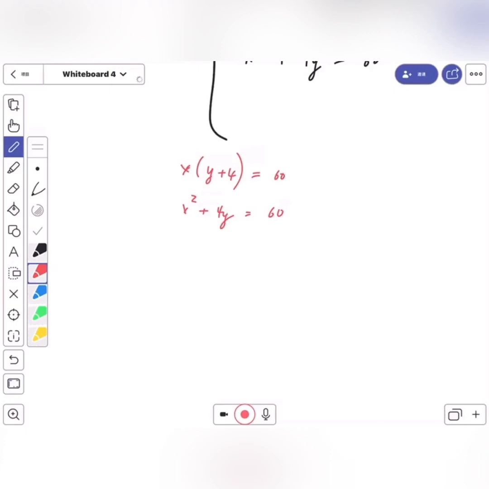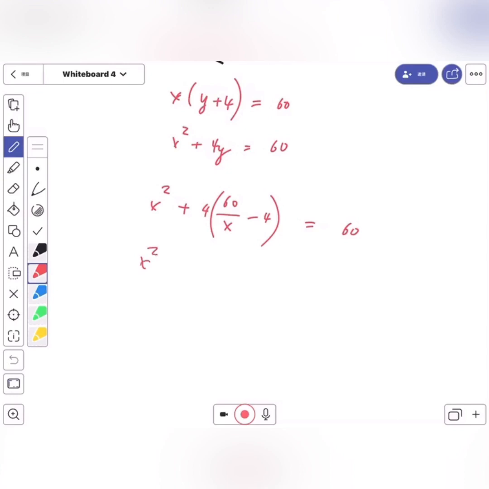Well, why should I substitute x? So we're going to have x squared plus 60 over x minus 4, and then multiply this by 4, and that gives 60.